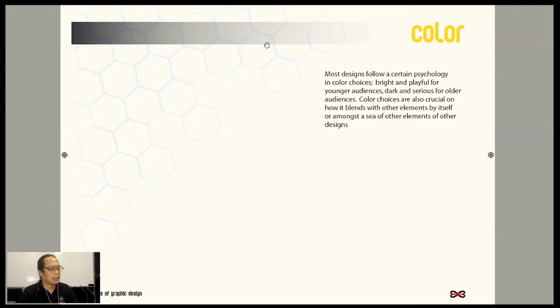Is Mang Inasal red and green or red and yellow? Green and yellow. Jollibee is mostly red and white. McDonald's is yellow and red, so on and so forth. When it comes to food, those colors are mostly associated as such.